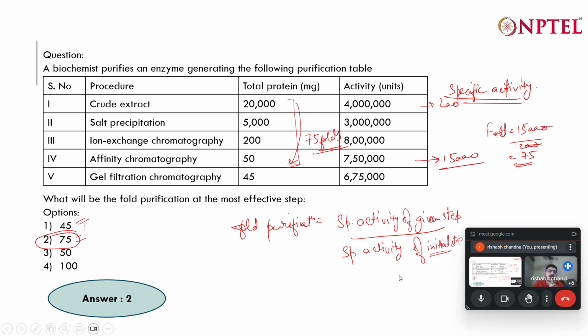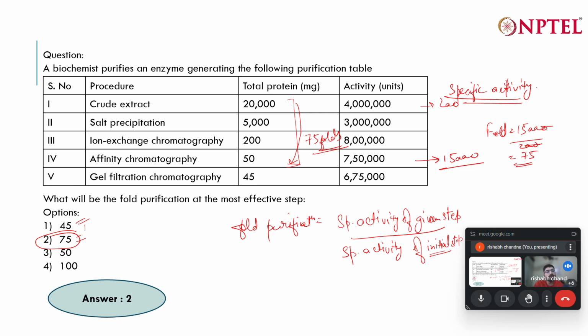In this case we are calculating the fold purification, that means how many folds the protein has been purified, right? If you have to give a number to a particular step, or tell what percentage of the protein has been purified from a given solution, then we calculate the fold purification.